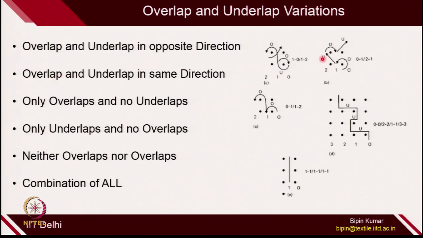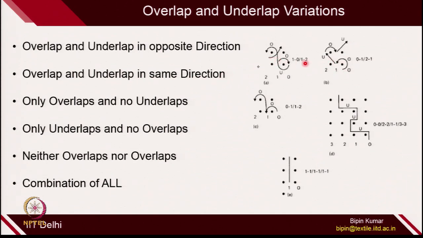Overlap happens on the front side from right to left, and underlap is also right to left in the first course. In the second course, overlap is in the right direction and underlap is also in the right direction. So, here overlap and underlap are in the same direction for each course.